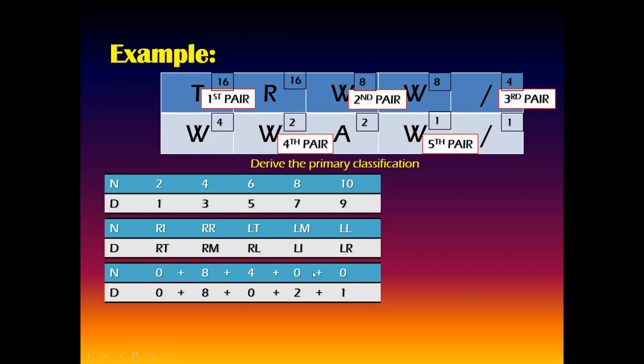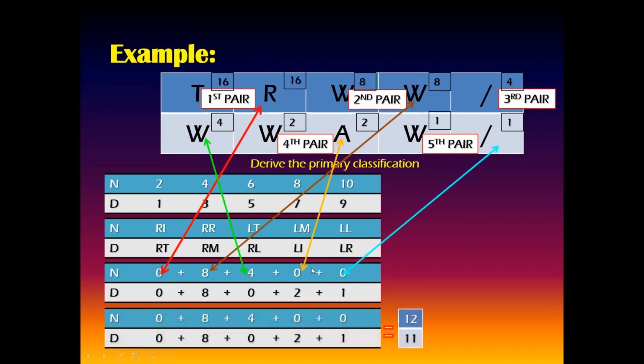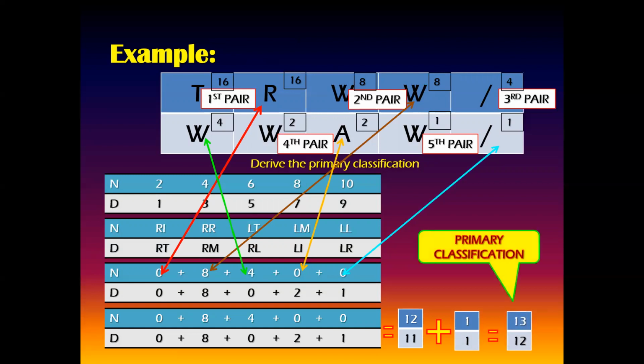If we sum them up, the value would be 12/1. However, the 12/1 is not yet our primary; we should not forget to add the arbitrary count of 1/1 so that our primary division would be equal to 13/12. So that is our primary classification.